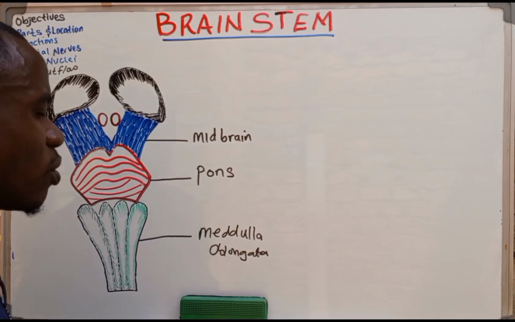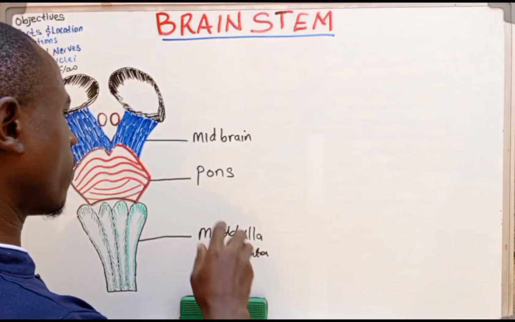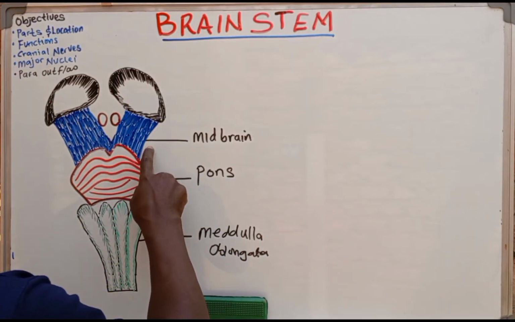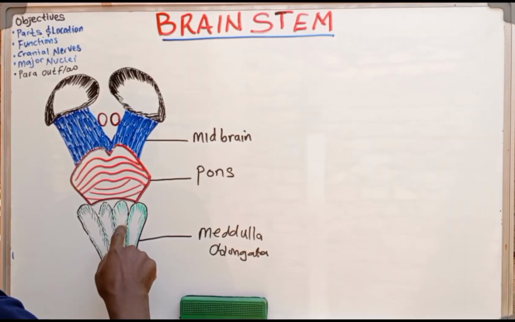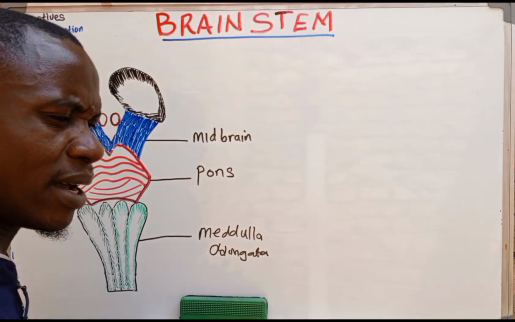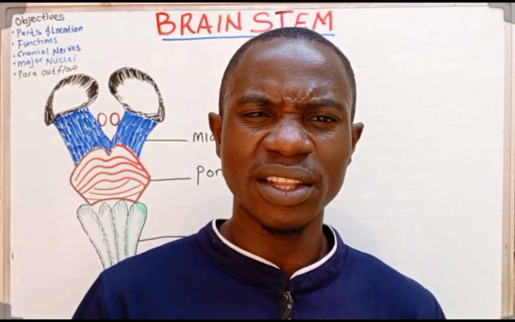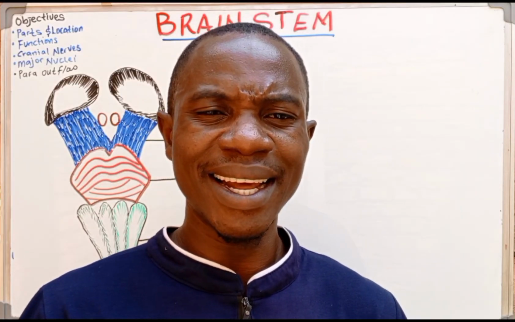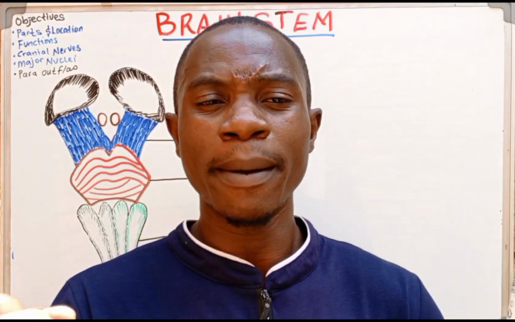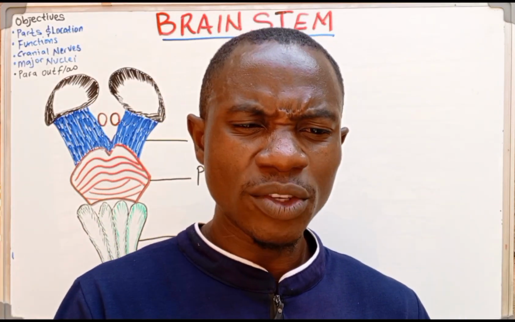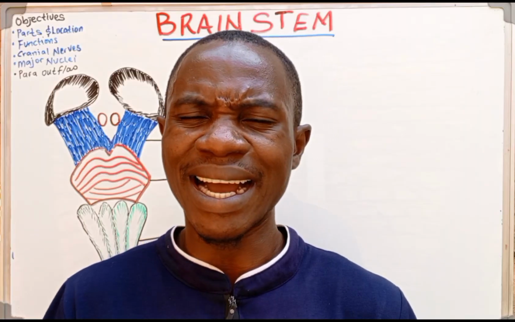Now, coming to this structure here, this is what we call the pons. Of course, the pons is located between the midbrain and the medulla oblongata. Later, we shall understand what the word pons means. In Latin, it means a bridge. We shall see what we mean when we say the pons acts as a bridge.